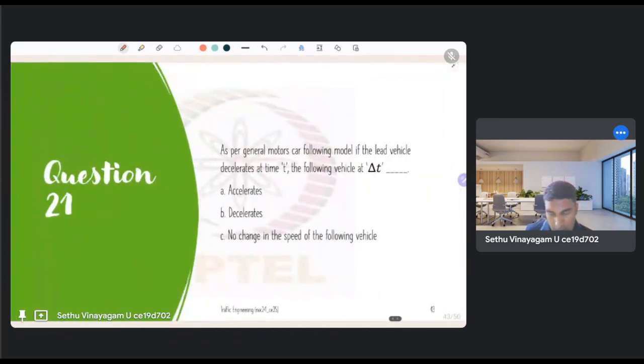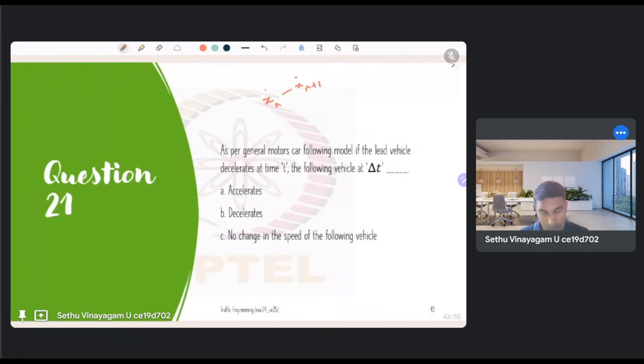Question 21. As per the General Motors car following model, if the lead vehicle decelerates at time t, the following vehicle at t plus delta t accelerates, decelerates, or no change in the speed of the following vehicle. So what we saw, the stimulus in the General Motors car following model is the relative speed between the leader and the follower.